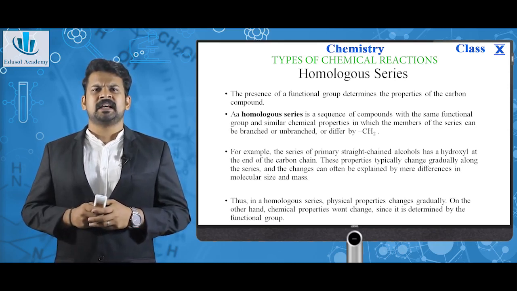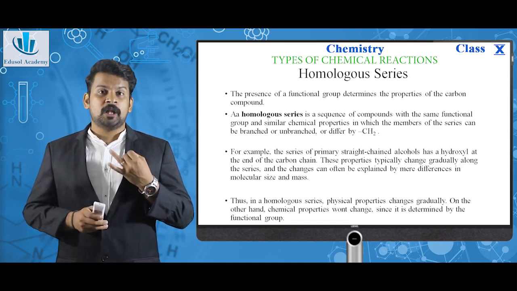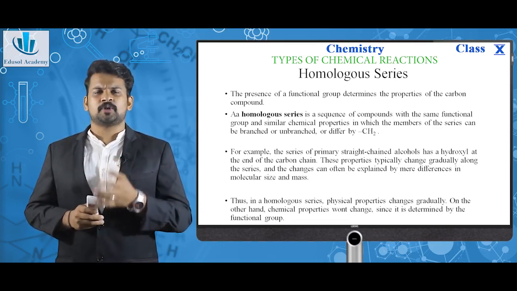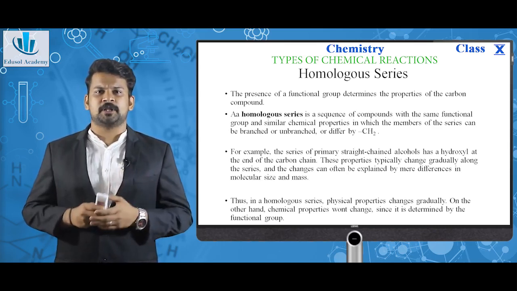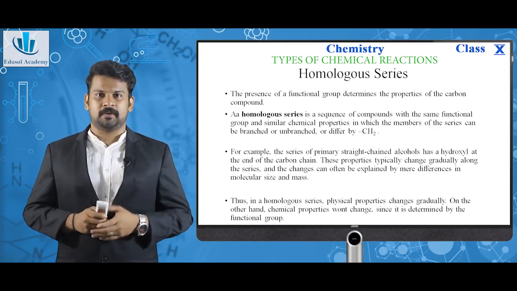For example, the series of primary straight-chain alcohols, methanol, ethanol, propanol, butanol, pentanol, etc. has the hydroxyl group OH. The hydroxyl OH is the main functional group here, which solely determines the chemical property of that compound.